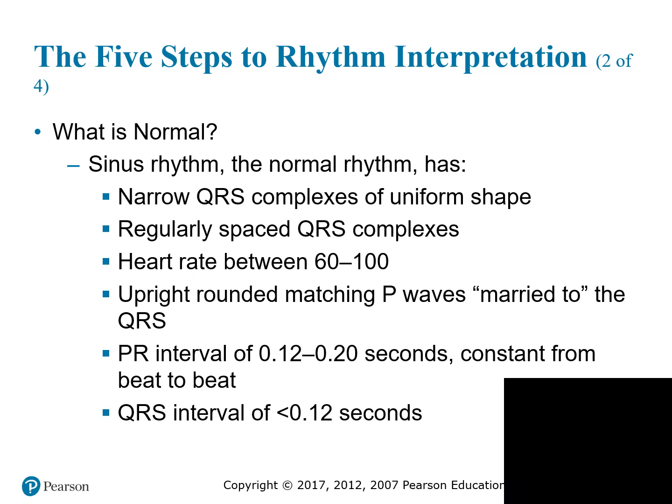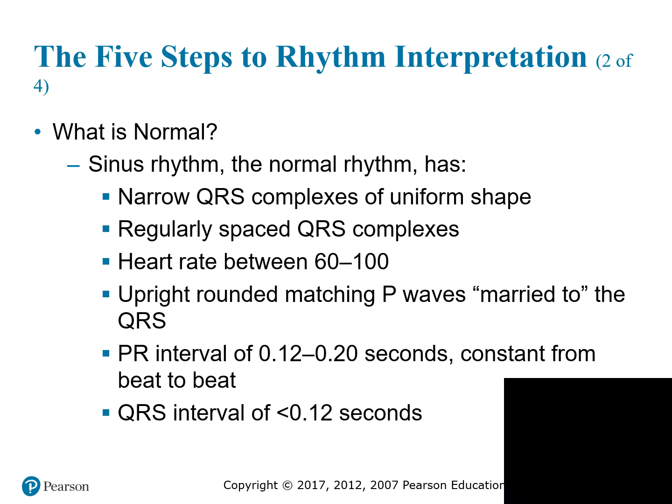Sinus rhythms have narrow QRS complexes of uniform shape, meaning they all look like British shoulders and they all form equally the same. They look the same throughout the whole 6-second rhythm strip. There's no deviation. They're regularly spaced QRS, meaning they're in a flow, trudging along like a choo-choo train.